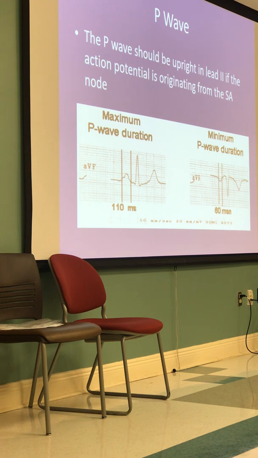I'm going back and forth because we've gone through this already, but I want you to know what I want you to know. If your P wave is not upright in lead 2, it usually means your action potential, your electrical activity, is not starting in the SA node. You may have a junctional rhythm or something like that.